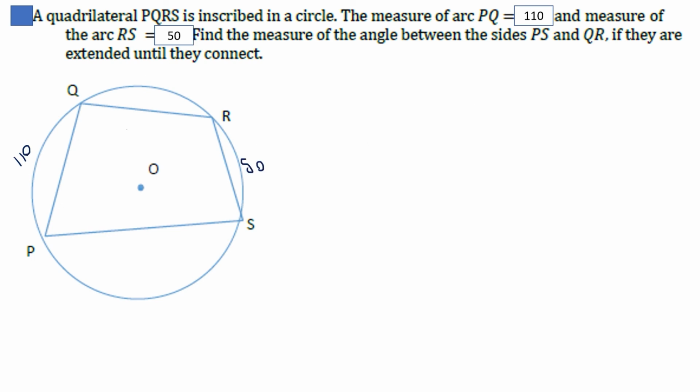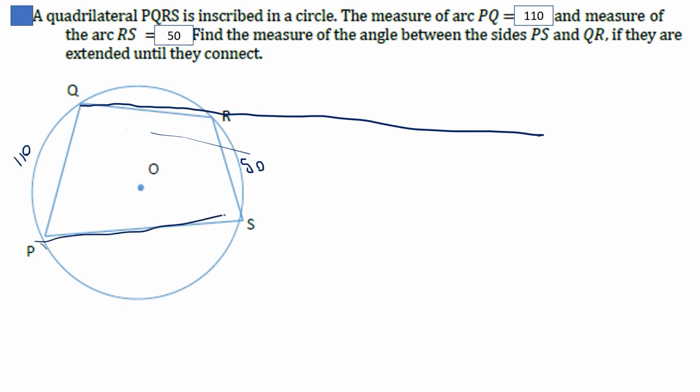Find the measure of the angle between sides PS and QR if they are extended until they connect. So you might read that and be like, but all it is that these are really long secant lines now.